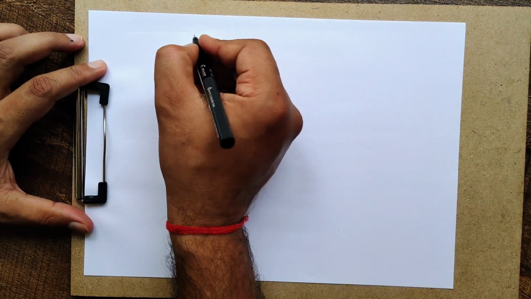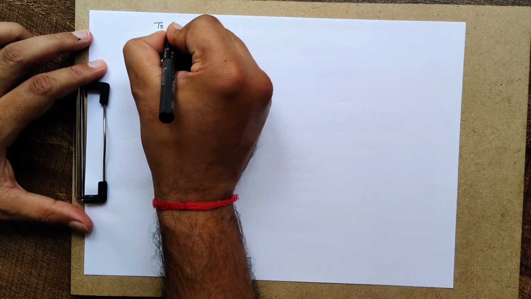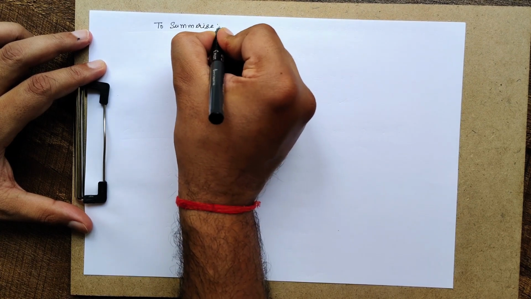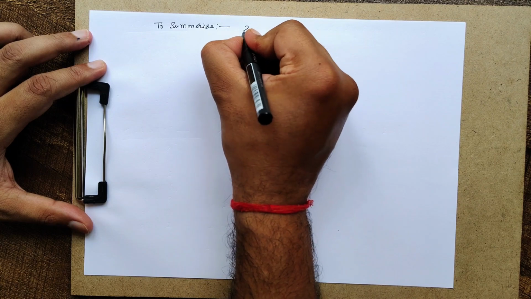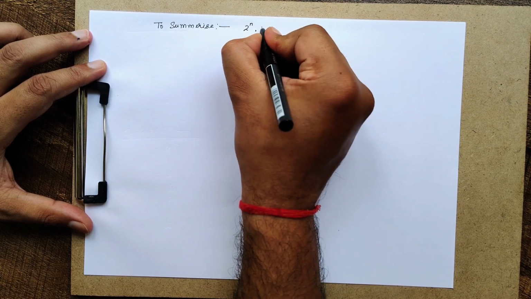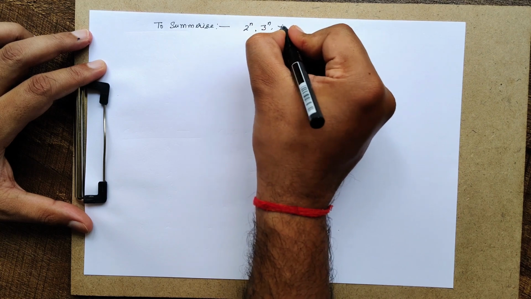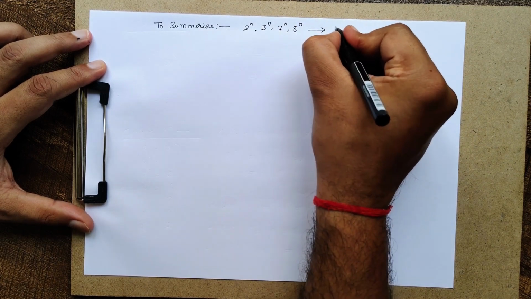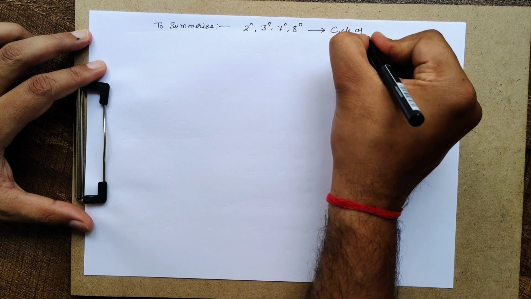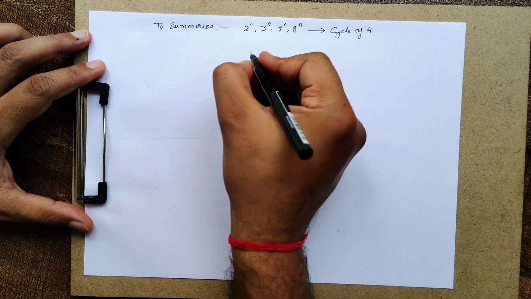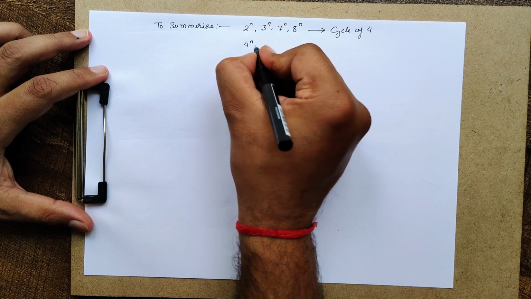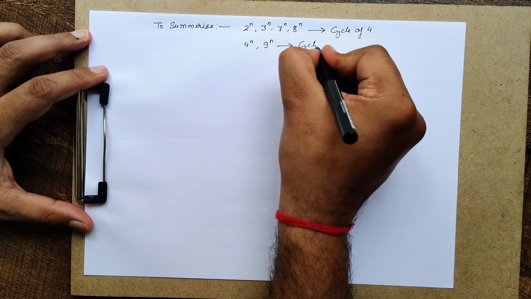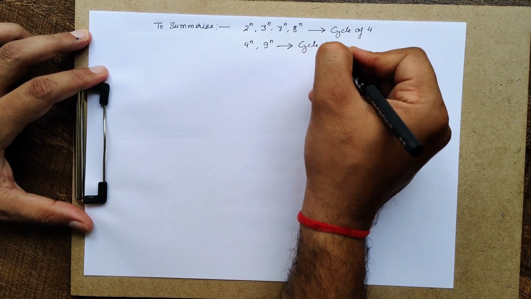So to summarize, we can say that 2 to the power n, 3 to power n, 7 to power n, and 8 to power n follow a cycle of 4. Please remember this. And 4 to power n and 9 to power n follow a cycle of 2.